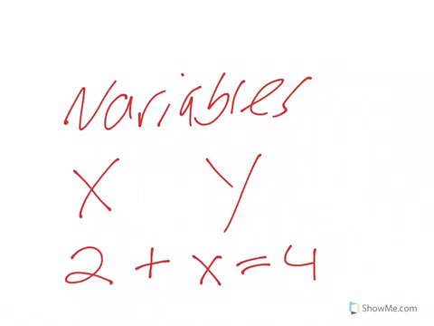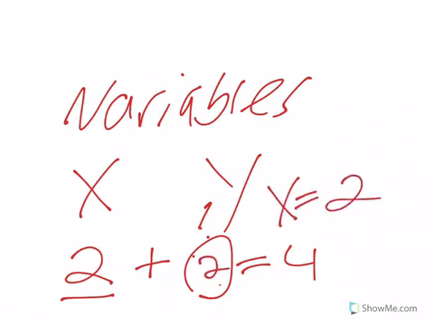X just means there should be a number there. We don't know what it is, so X represents the number. In this case, we'd say 2 plus what equals 4, and we know, well, 2 plus 2 equals 4. So in that example, X equals 2, because X is 2. It just wasn't written in that way, right?